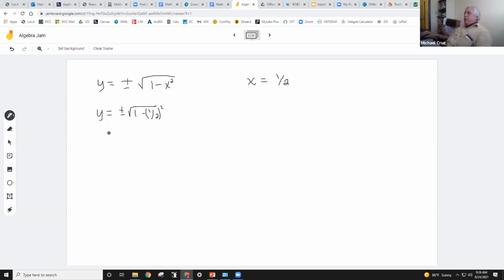So this is going to be plus or minus, and 1/2 squared is 1/4. So plus or minus the square root of 3/4. And then I can simplify it as such. The denominator is a perfect square.